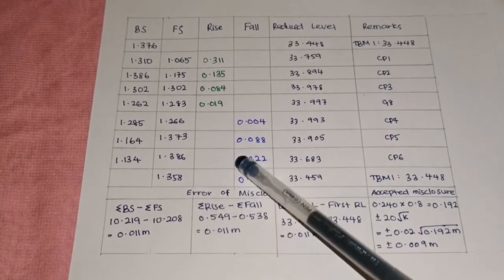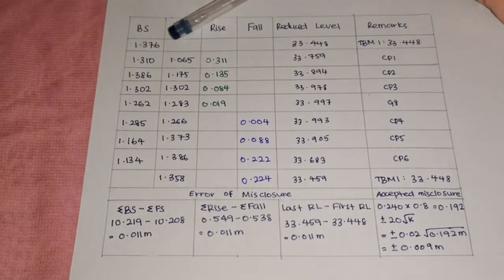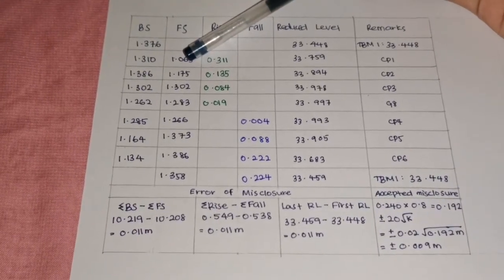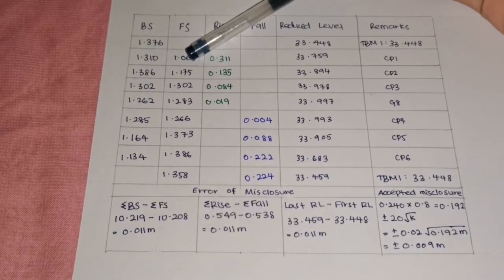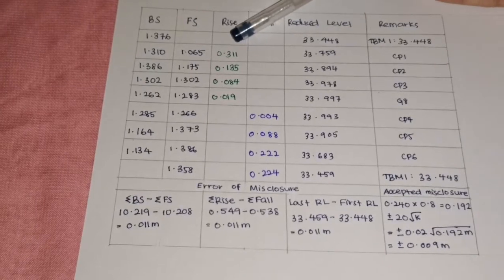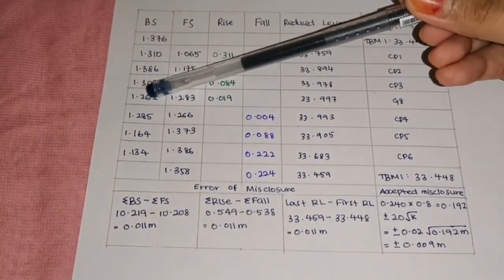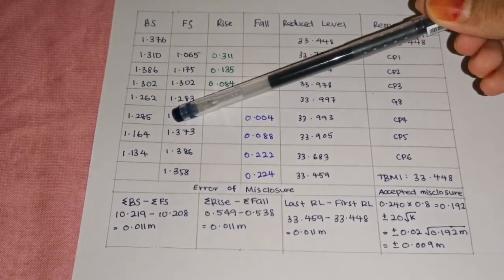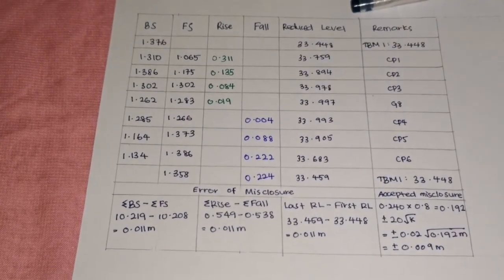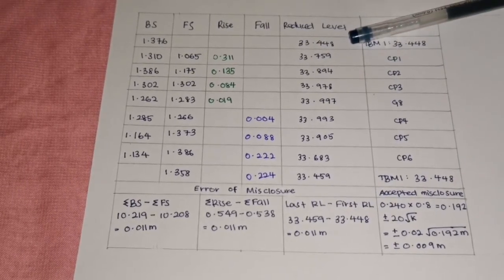For rise and fall, we need to minus BS from FS. If the answer is positive, the result is rise. But if the answer is negative, like here, the result is fall. The reduced level here, the TBM1, is 33.448.